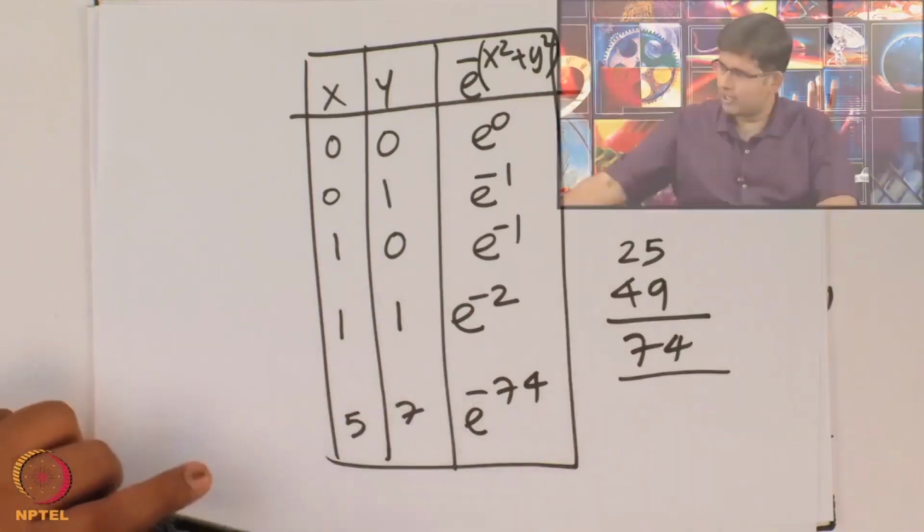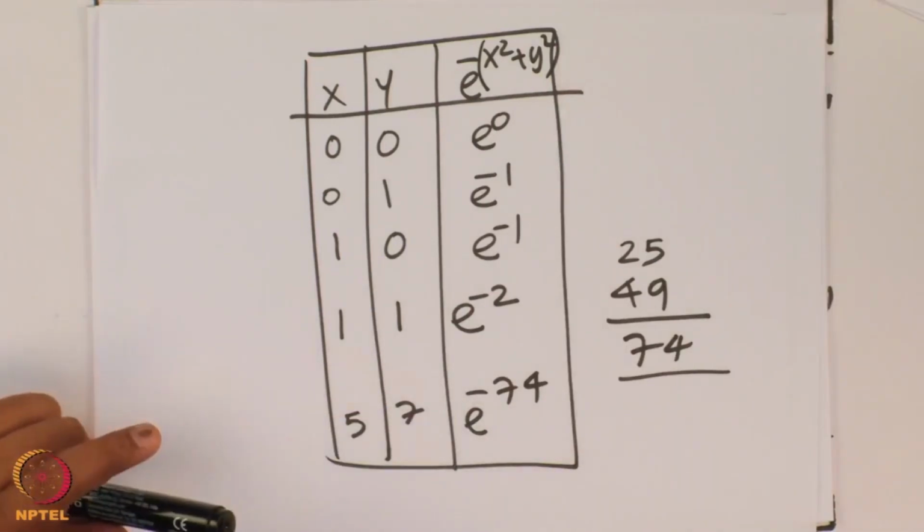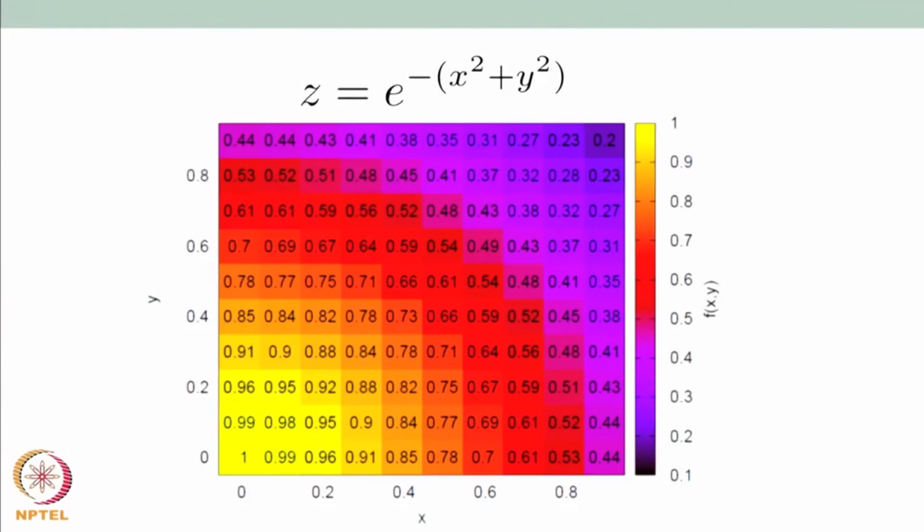So we will see how this will appear. Have a look here. Again, this is a pattern, and you can first look at the color pattern. When x is 0, y is 0, you have e power 0, which is 1.